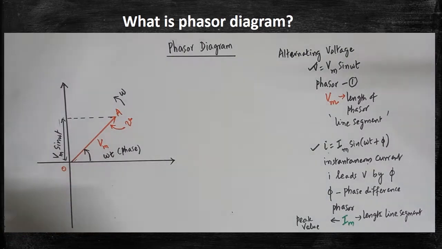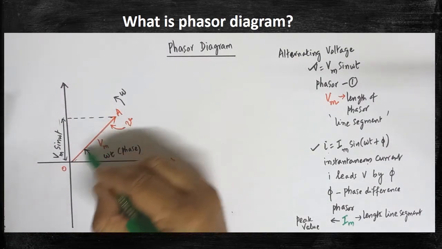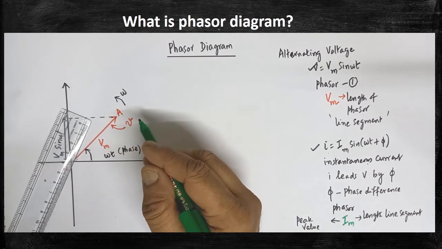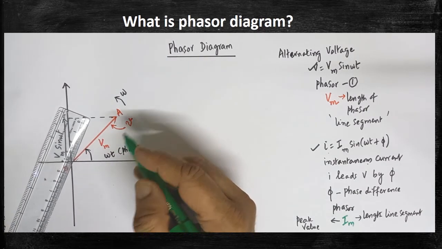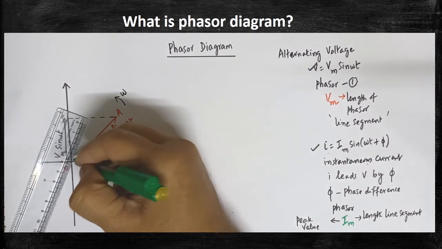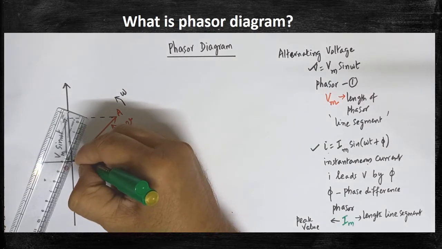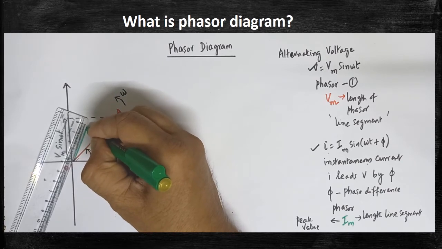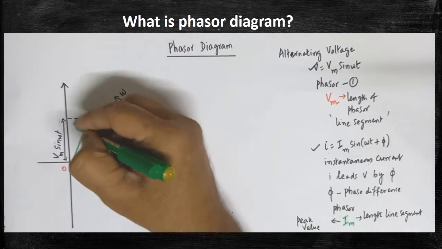Now I am going to take the length. In this case 6 centimeter was taken. Now I am taking 4 centimeter. Since current is leading, what we have to do? The current phasor must be drawn a little bit ahead. Are you clear?